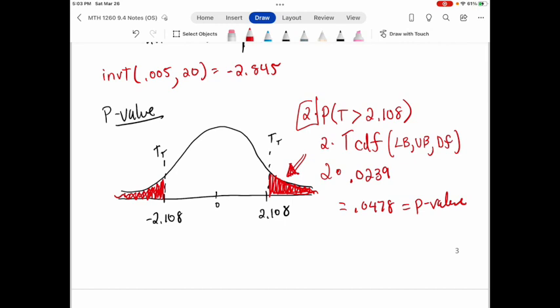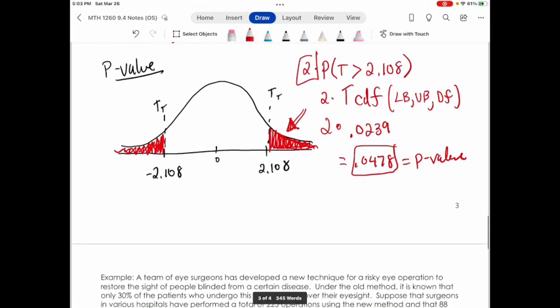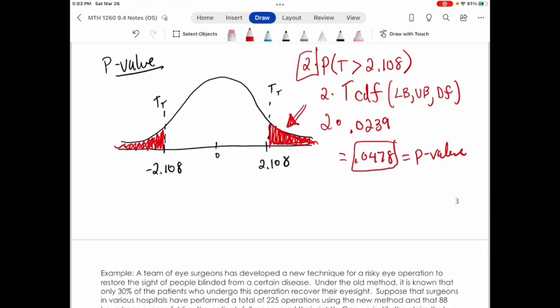This is your p-value. And don't forget, we multiplied it by 2 because we found the probability of just one wing, but because we have 2 wings, we had to double it. So here's our p-value. Now the question is, is our p-value less than or greater than the alpha?